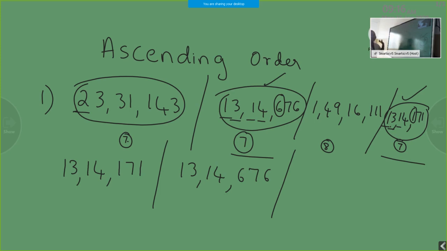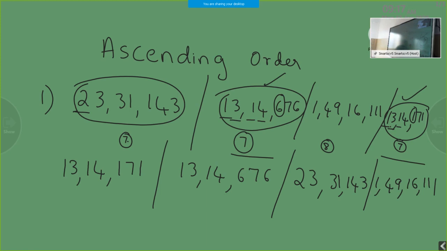So definitely the third number will be 23,31,143. Is that clear? Now we have one more number, and that number definitely will be the greatest number, which is 1,49,16,111.